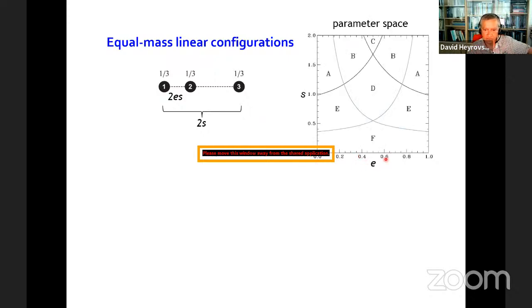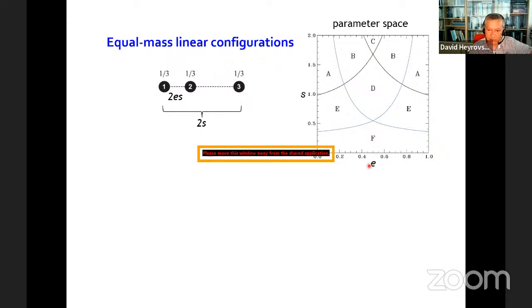So here, on the horizontal axis, you have this parameter which tells you if the second body is close to the first body, or close to body number 3. And here you have the separation, for close separation and wide separation. So for any of these shapes, you get 1, 2, 3, you would get 4 boundaries here. Because of the symmetry, you do not get 6 different ones, but you get 4 here.